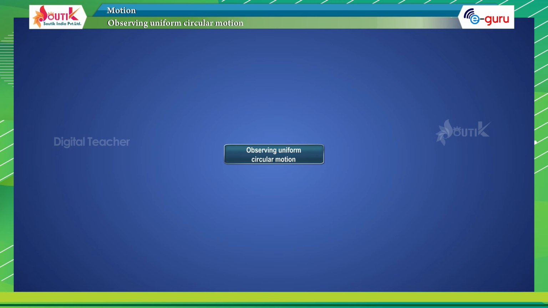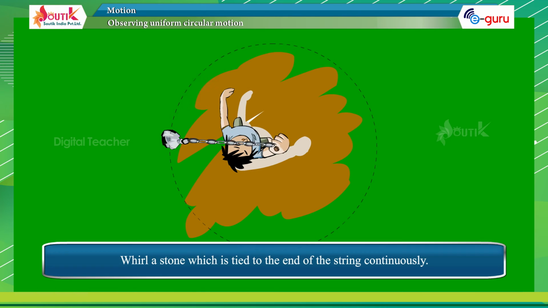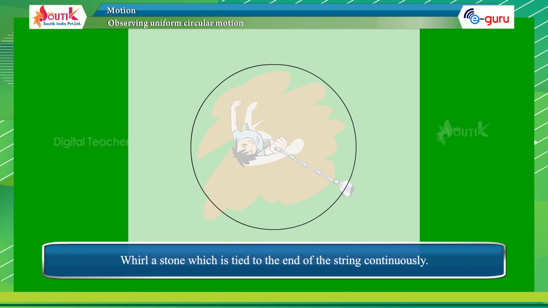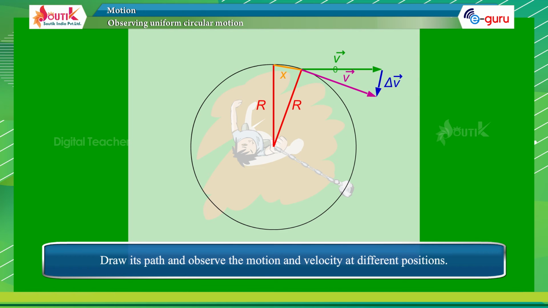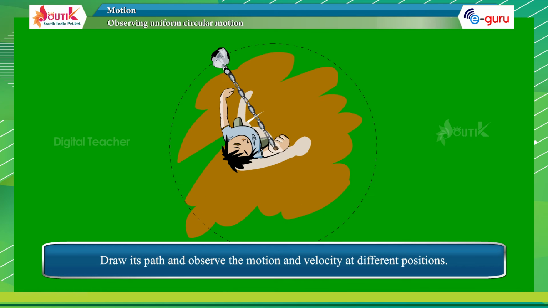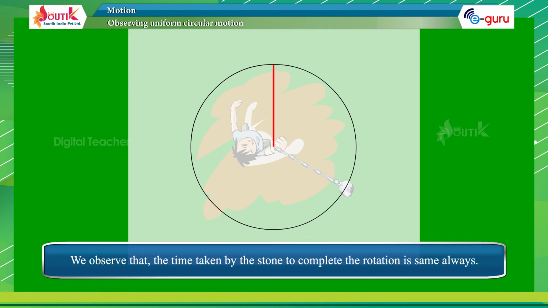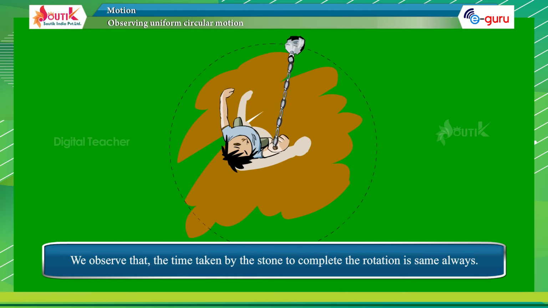Observing uniform circular motion. Whirl a stone which is tied to the end of a string continuously. Draw its path and observe the motion and velocity at different positions. We observe that the time taken by the stone to complete a rotation is always the same.